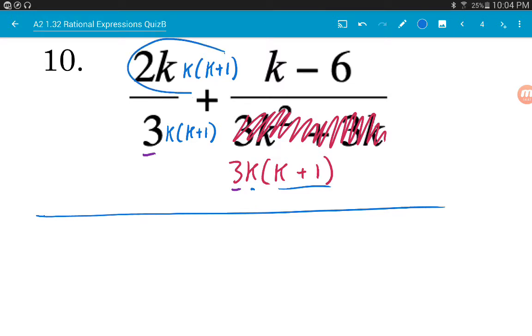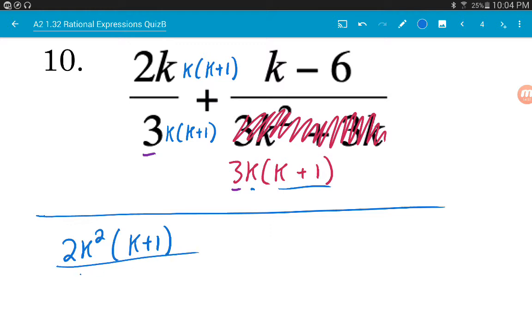The top here, 2k squared times (k plus 1) over 3k(k plus 1), plus (k minus 6) over 3k(k plus 1).